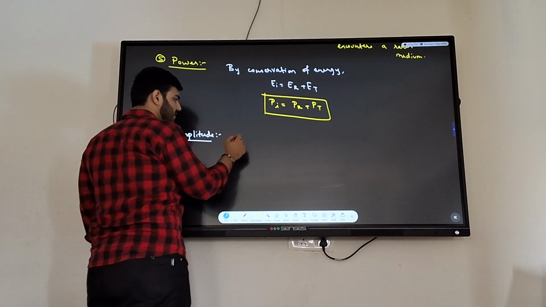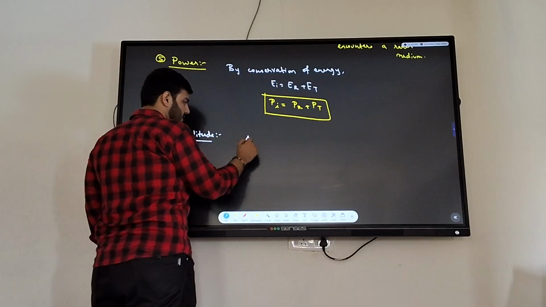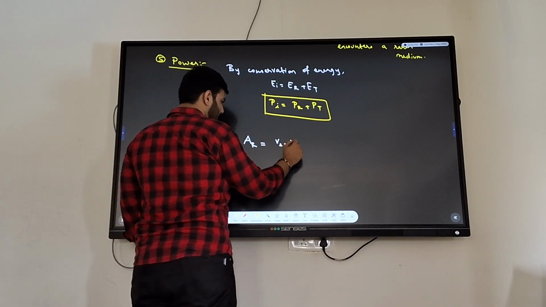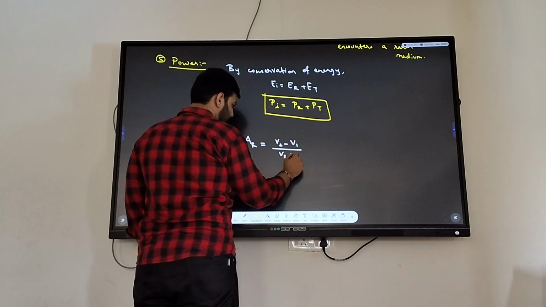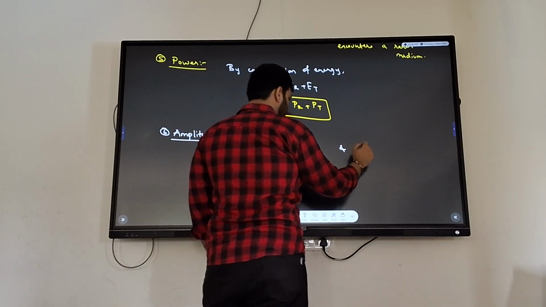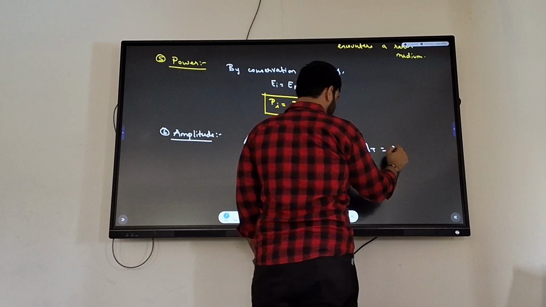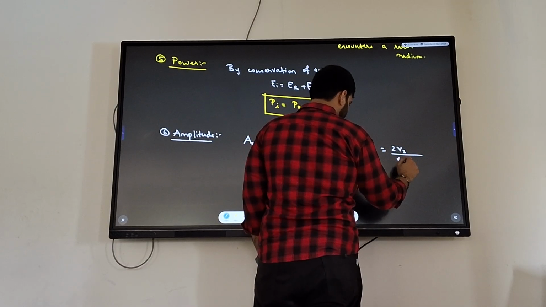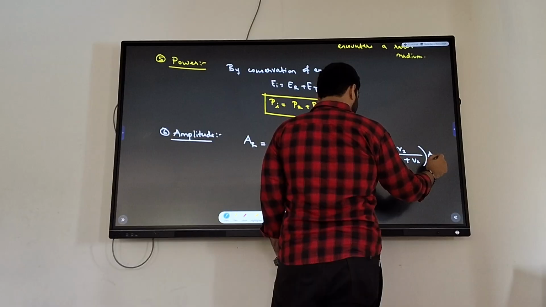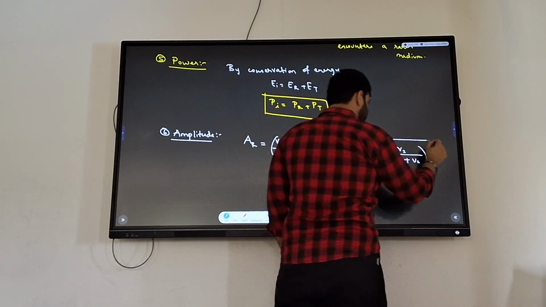When you hit a medium, the amplitude of reflected waves is given as Ar equal to (V2 minus V1) over (V2 plus V1) times Ai, and At equal to 2V2 over (V1 plus V2) times Ai. You understand what is Ai?